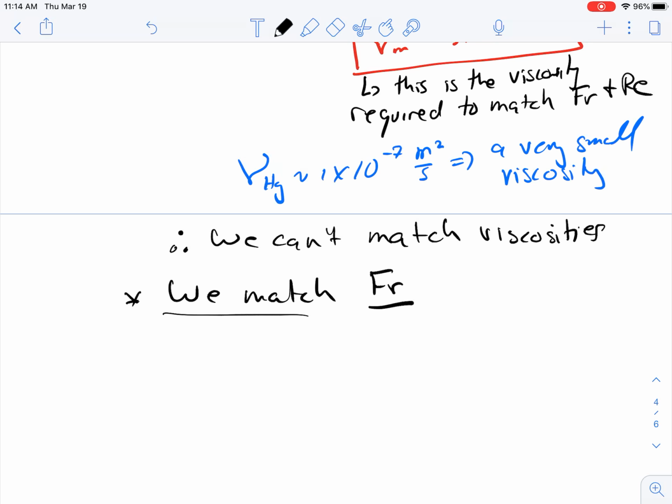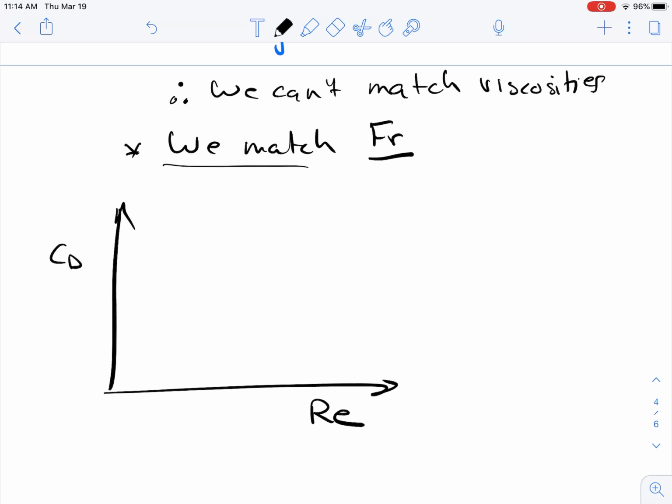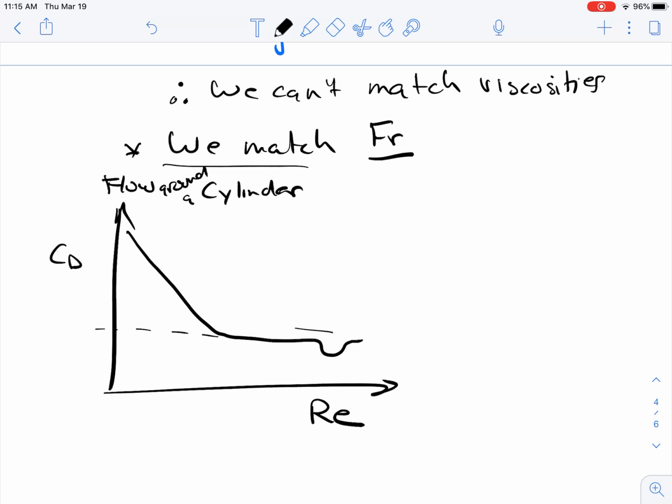Another thing that we might often do, if we can't match the Reynolds number and the Froude number, is check whether there's a range where it doesn't matter. Say, for example, we look at our figure of the drag coefficient as a function of the Reynolds number for flow around a cylinder. It kind of has this sort of behavior. We'll talk more about what it means, but if you think about this region right here, the drag coefficient is not really a function of the Reynolds number.